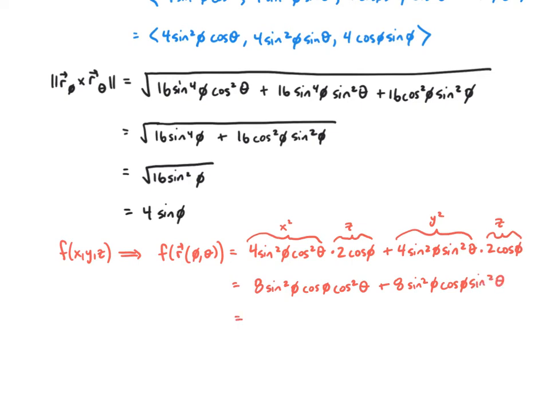And if you notice, we can do the same kind of thing we were just doing in the black just above: we factor out all of this stuff, and what we get is cosine squared theta plus sine squared theta, and that is 1. So what we get for a reduced function is 8 sine squared phi cosine phi. So that's our function.